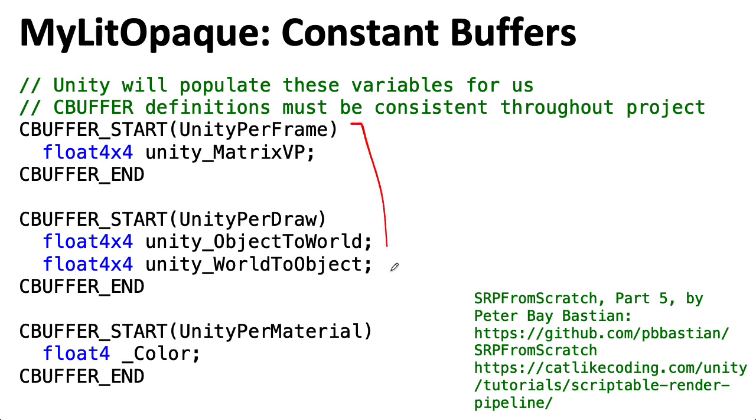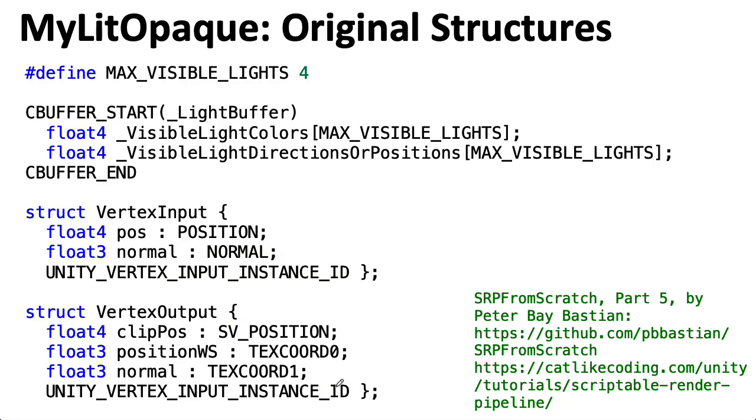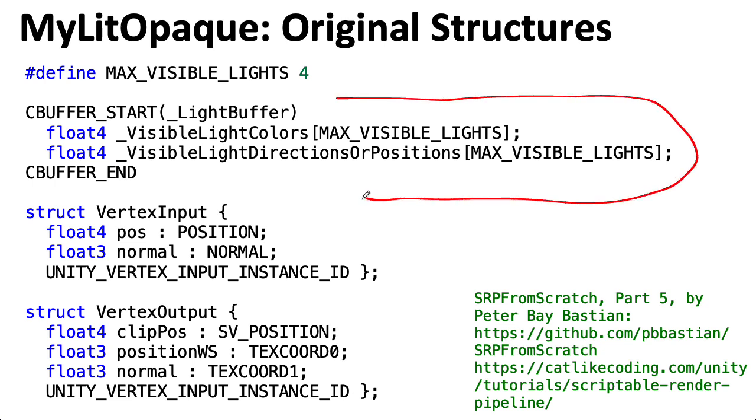The rest of this is the same as what we had in the forward rendering demo. This setup here is also the same. We have some variables associated with the lights, and these are variables that we need to actually set in the C# code. This isn't like the case in the built-in pipeline where Unity handled this for us.